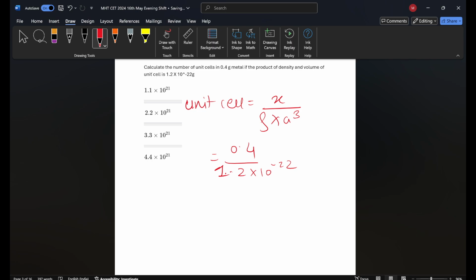It will become 10 raised to power plus 22. 4 ones are 4 and 4 threes are... so it is 1 by 3, 1 by 3 into 10 raised to power 22. 3 ones are 3, 3 threes are 9, so 3.33. And here it is 22, so the decimal shifts, and the answer is always 3.3 into 10 raised to power 21. Let's move ahead.